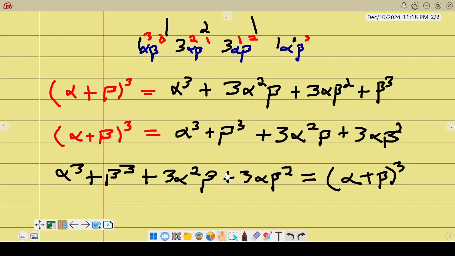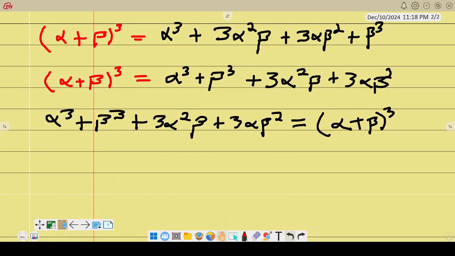Okay, so we can make alpha plus beta the subject. So when we make it the subject, we're going to have alpha power 3 plus beta power 3 is equal to, we have this here. So this is the part I wanted to skip to.